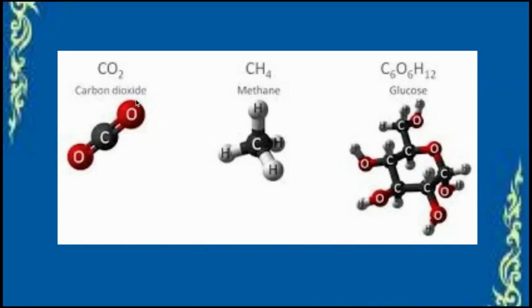In carbon dioxide, we're bonding with 2 different atoms, oxygen on each side. So they didn't fill up all 4 spots, just 2. Methane is going to have 4 different atoms bond to that carbon. And then glucose is going to combine with different carbons and make bigger structures.